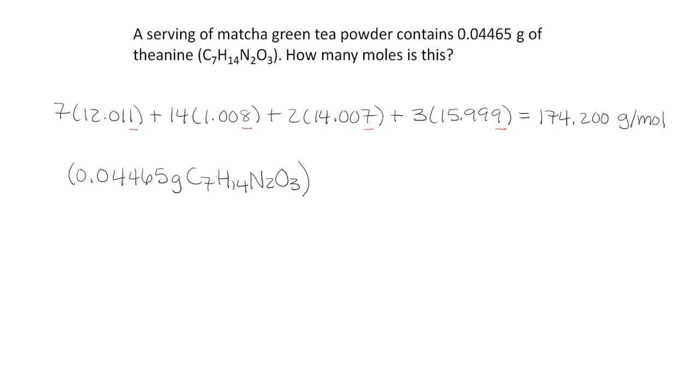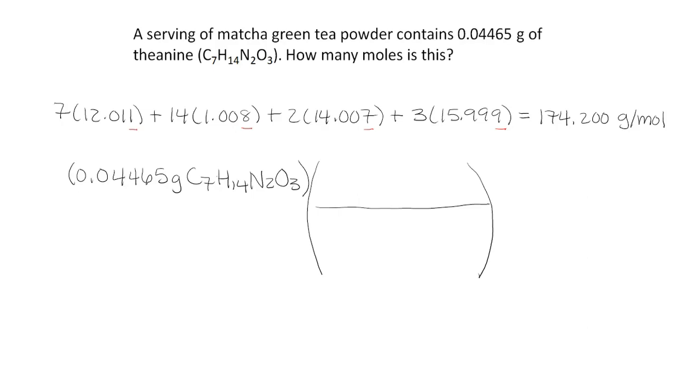It really is necessary because when we cancel units, we have to cancel the same units and the same substance. For our conversion factor, we'll write the denominator first because we know that the units and substance have to be the same as what we were given in order to cancel.